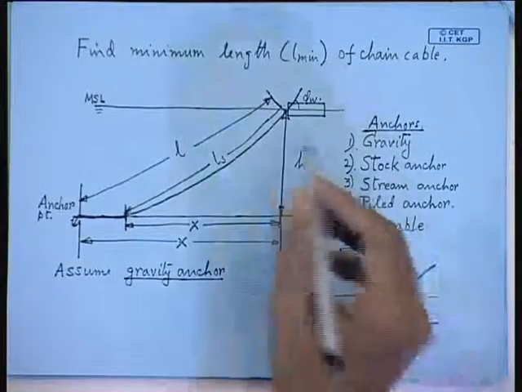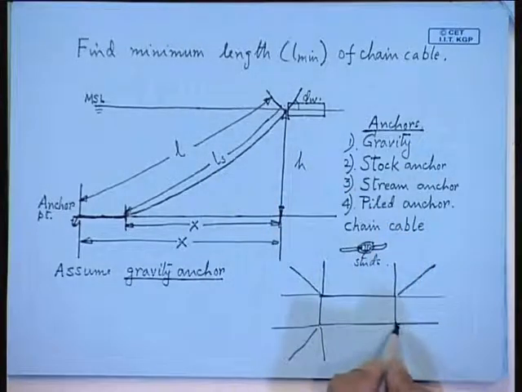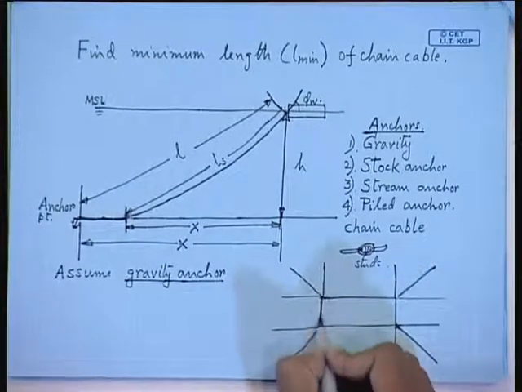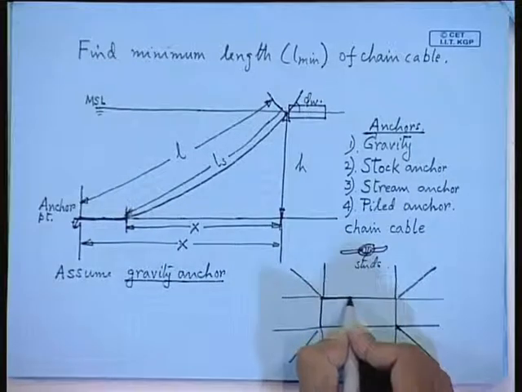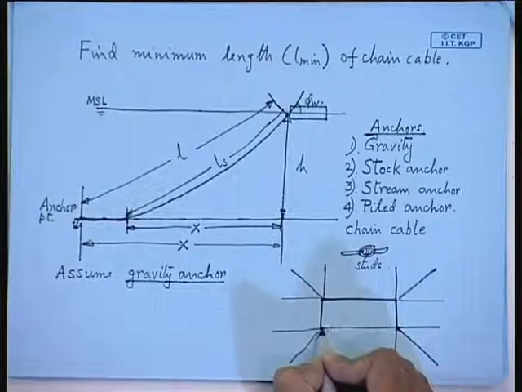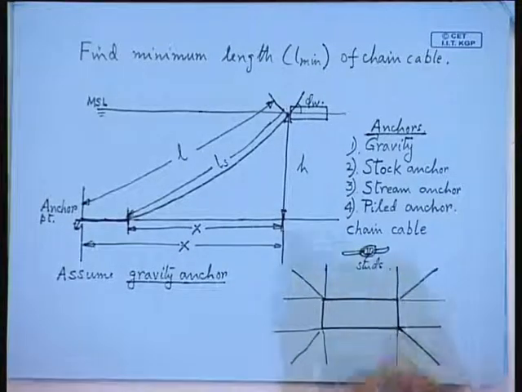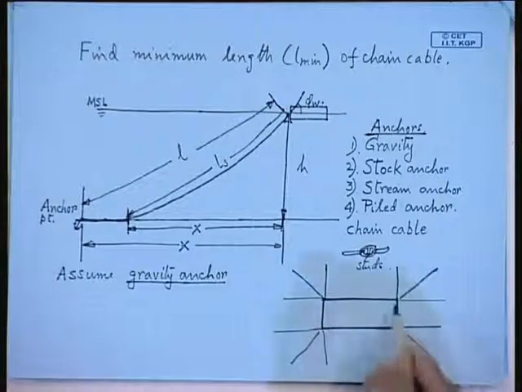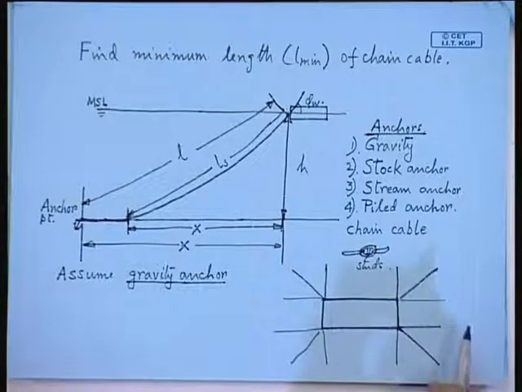Now you can understand the mechanics, the trouble we had with only one chain cable. If I give you a configuration like this, you have to calculate the total forces coming onto this structure, the mooring forces or the restoring forces, coming from as many as how many? As many as 12 chain cables.